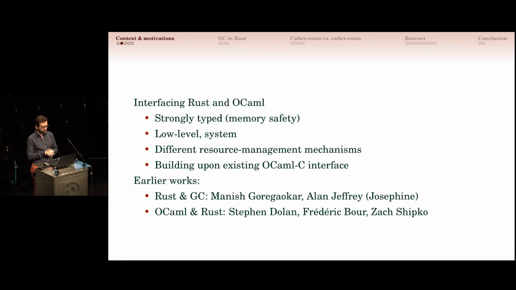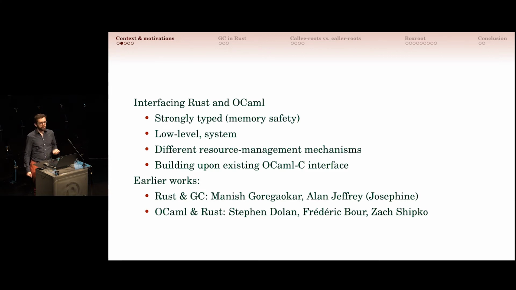We are building upon the existing OCaml C interface, and we are trying to make it safe in the sense of Rust. This means that the discipline that programmers have to follow for the OCaml FFI, we want to express it with the Rust type system.